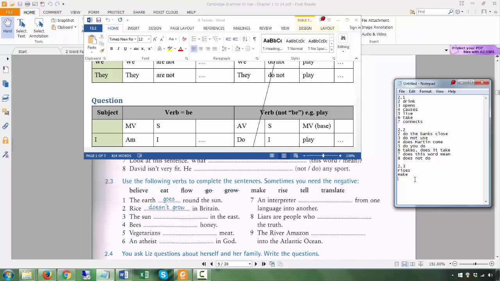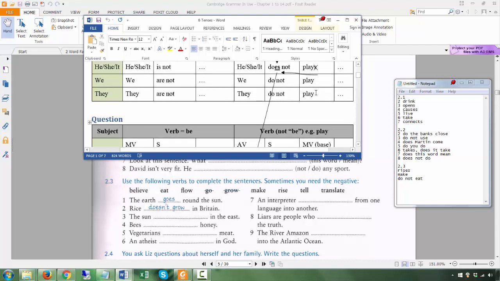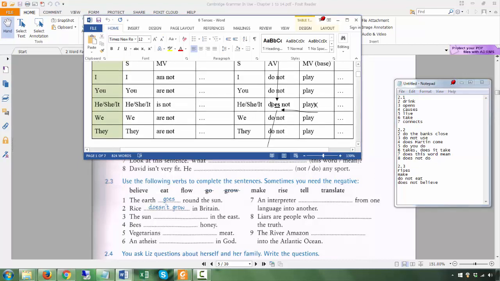Vegetarians, the verb here is eat, but do they eat meat? No, they do not eat, right? Vegetarians is a they, so they do not plus base verb. And an atheist is someone who doesn't believe there's a God, so does not believe in God. Negative, because an atheist is a it. He, she, it, so does not.